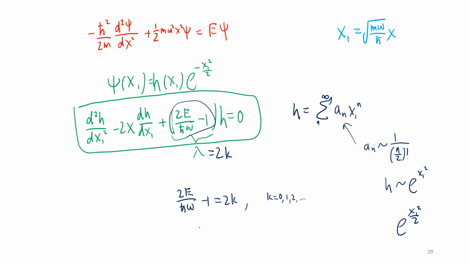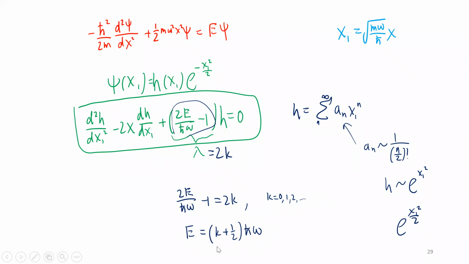And that actually gives you the requirement for the energy. You see that the energy of the system has to satisfy this relation if you want to have this localized wave function, and k can't be any value: it is 0, 1, 2, 3, 4, 5, 6, and so on.